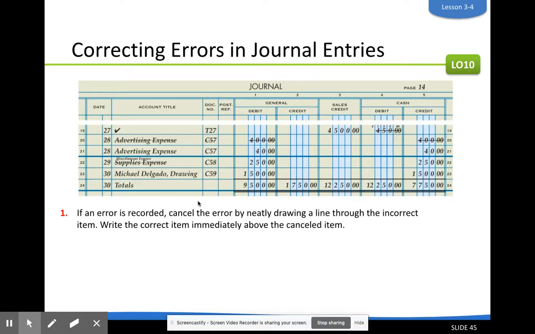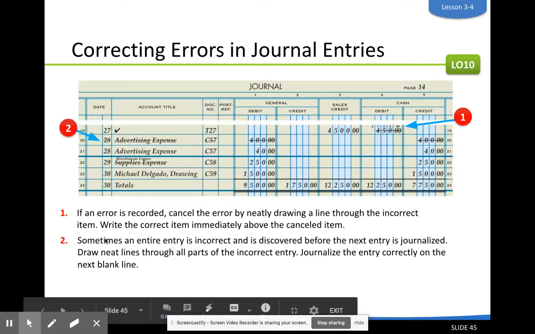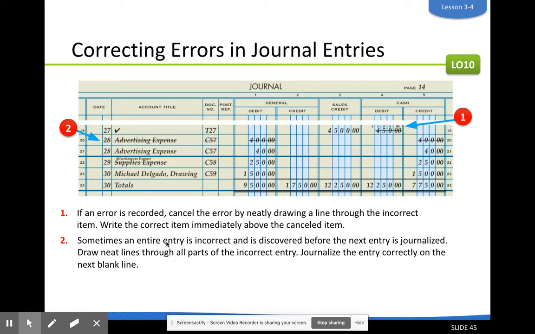So in this situation, we need to cross out our error, and because we caught this before the next journal entry occurred, we were able to just write the correct entry right below it for $40 instead of 400. Easy mistake to make. So number 2, if the entry is incorrect and is discovered before the next journal entry, you cross it out and write the correct one below.